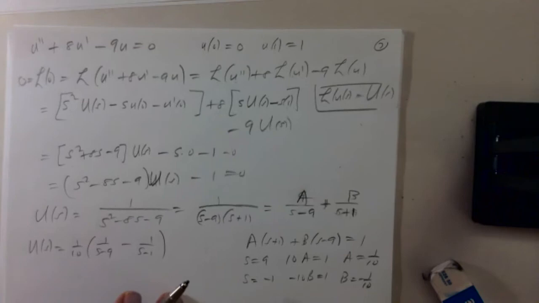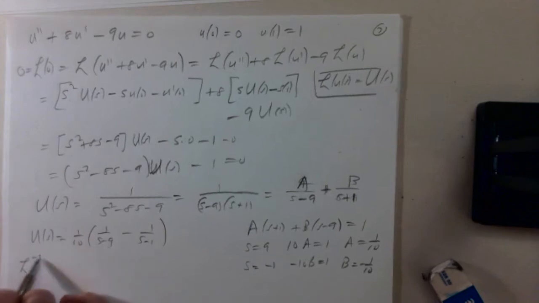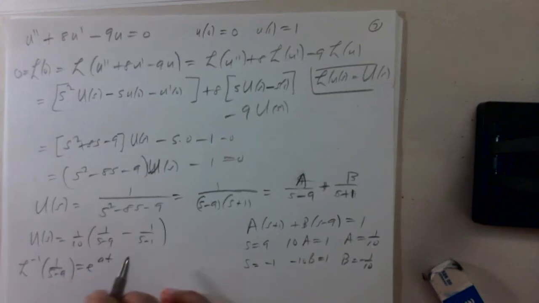And this looks pretty good. Now, the inverse Laplace transform, let me just write it like this, inverse Laplace transform of 1 over s minus 9, again, look at the table, is e to the 9t.